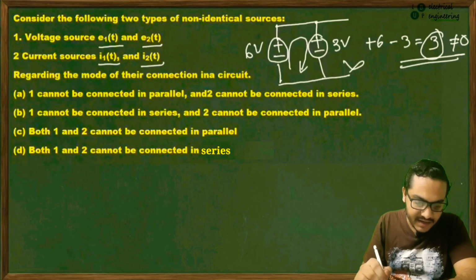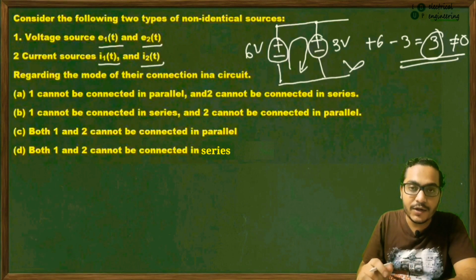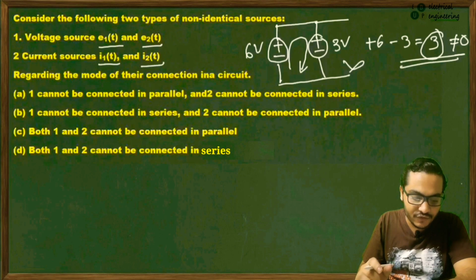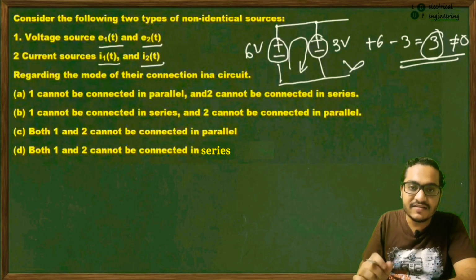Similarly, when two current sources of different magnitude are connected in series, it also violates Kirchhoff's current law, meaning in a single branch there should be a single current. But if you connect two current sources of different magnitude, it can't be a single one. So it violates KCL.